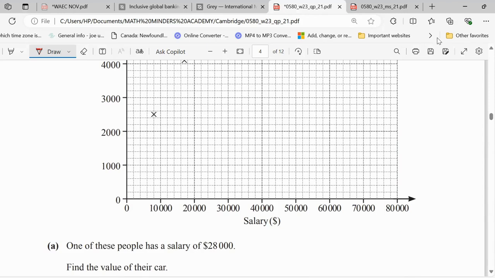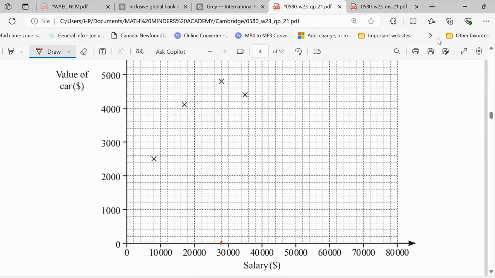Find the value of their car. Now let's look at 28,000. This is 20. The next line is 22, 24, 26, 28, 30,000. So this line here is 28,000. And then we want to follow it vertically to see the point that will match with that.